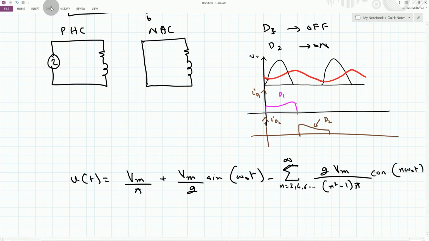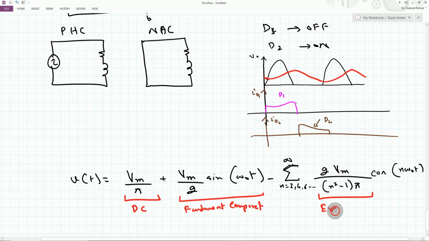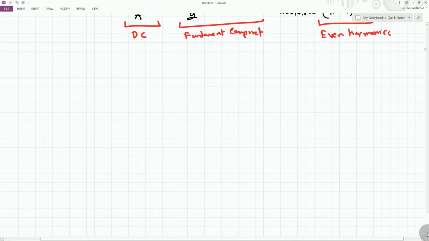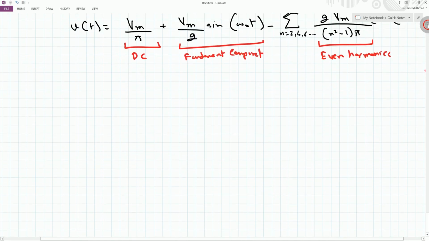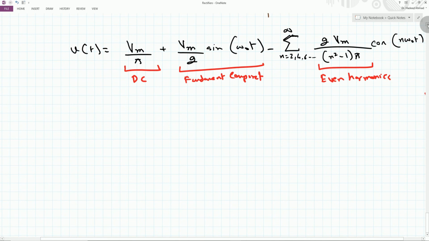Now in this waveform, this is the DC part, this is the fundamental component or the first component, and this is only for the even harmonics. So based on this, we can estimate the values of the RMS current flowing through a given circuit.